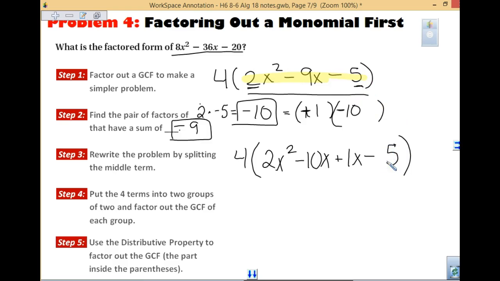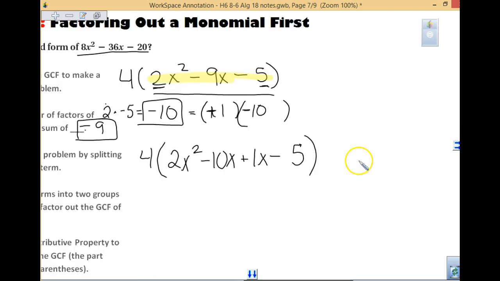I just want to show you that if you would do this one, and you did 4, and you did 2x squared, and you did plus 1x minus 10x minus 5, both ways work, okay? So it doesn't matter which one you end up putting first.